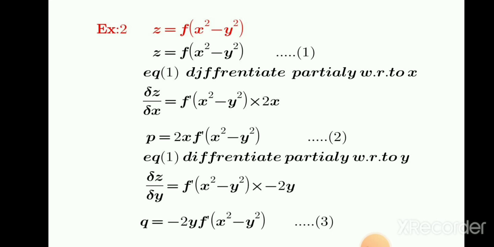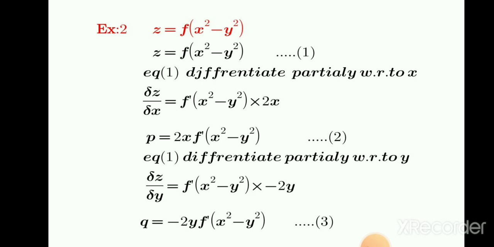We differentiate partially with respect to x, therefore y square is constant and the derivative of x square is 2x. Del z by del x is the partial differential coefficient denoted by p. Therefore, p equals 2x f dash of x square minus y square.